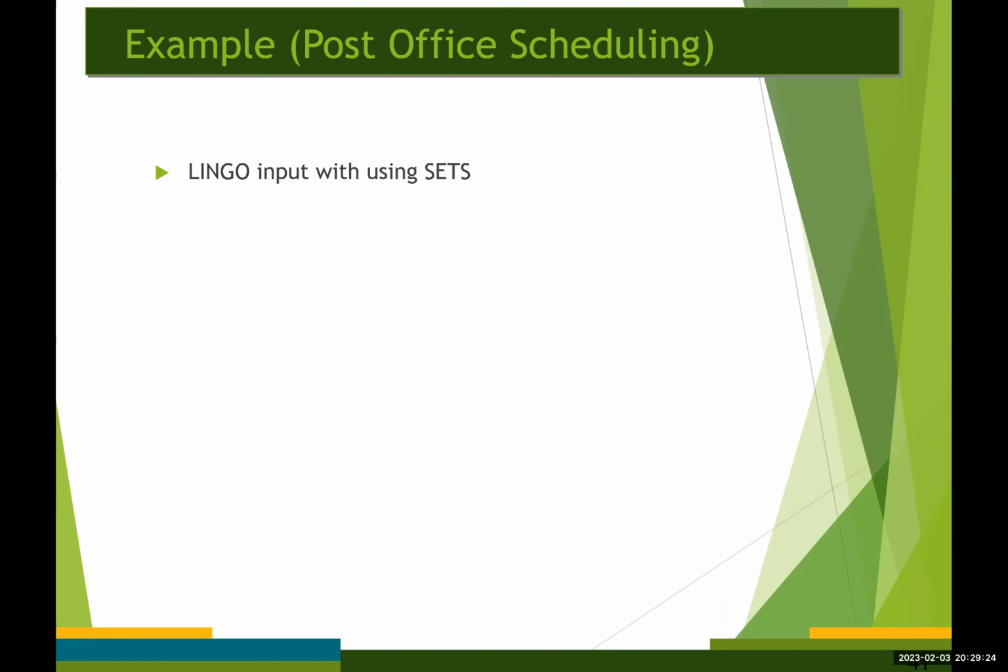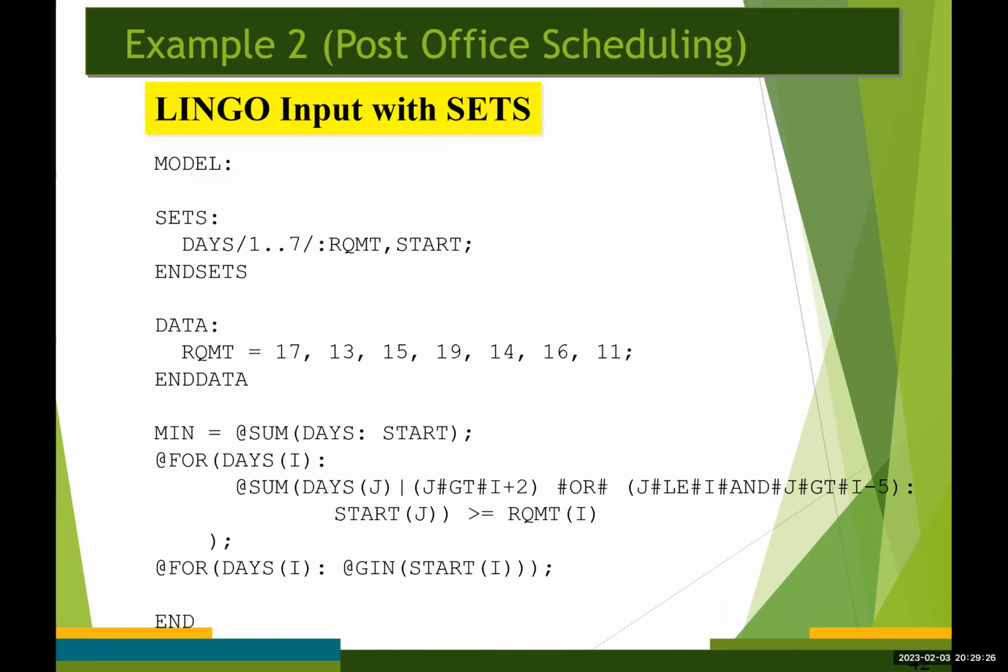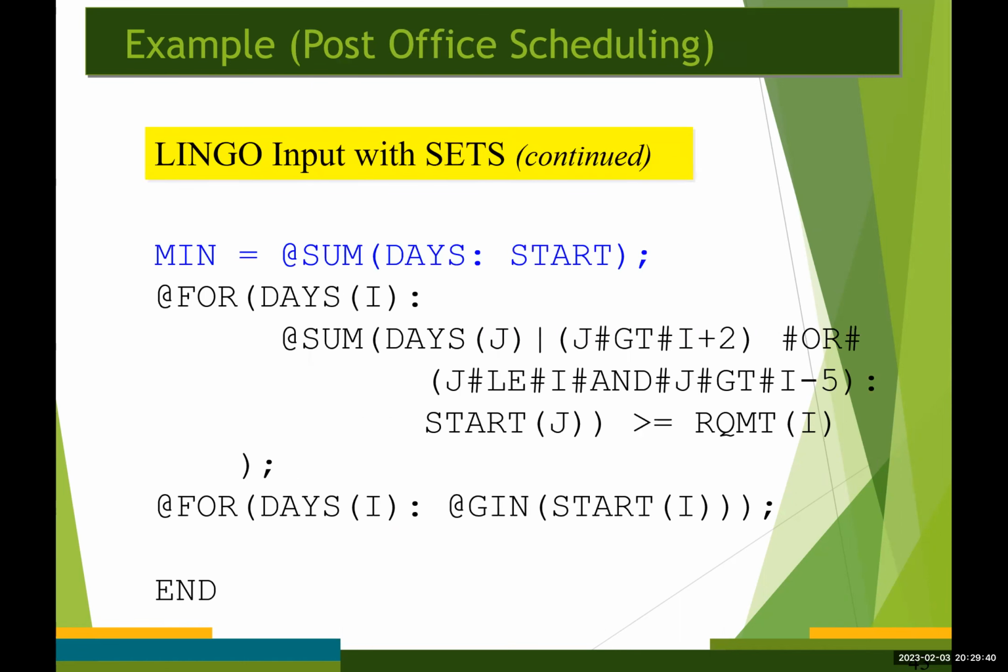Okay, so yeah, this is the input for Lingo using sets. So let's look at it line by line, okay? So first, we define the sets needed to solve the problem, right? So it defines the days of the week, Monday through Sunday.